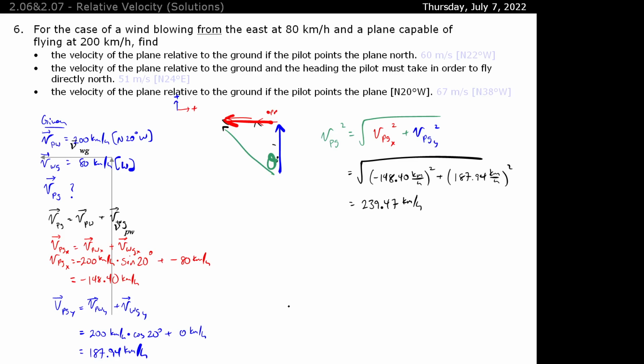Okay. Last thing is the angle. So the angle of VPG, if we want to do that in green, sure. The angle of VPG is equal to the tan inverse of our opposite, which is VPGX, divided by VPGY.